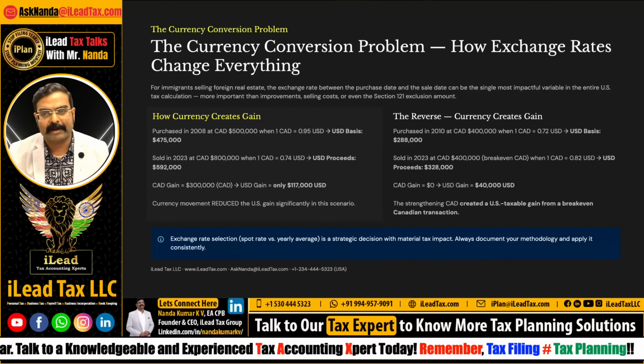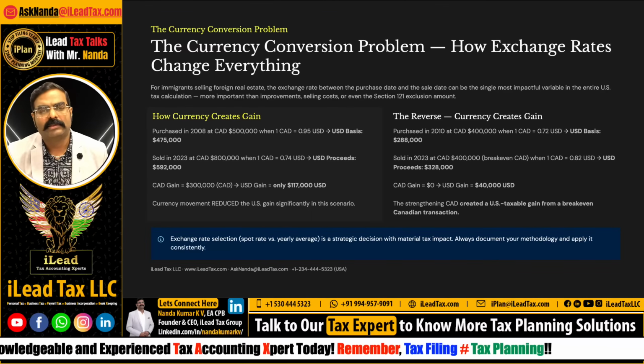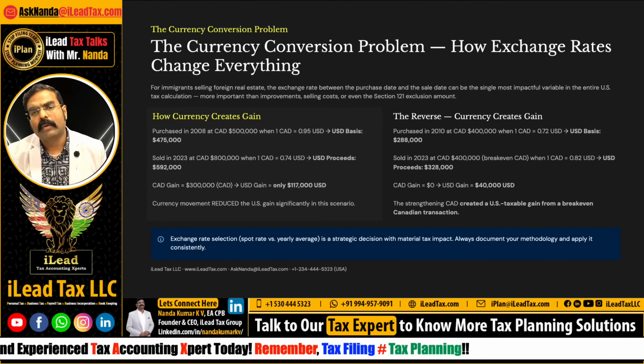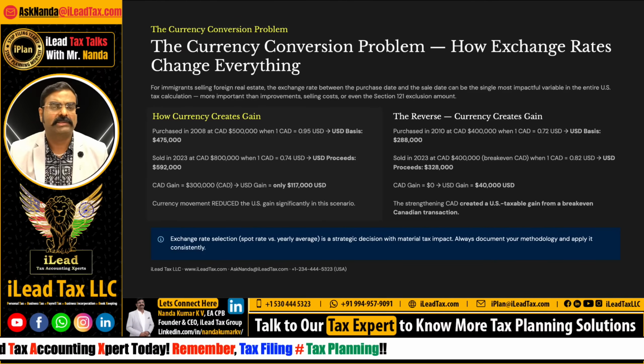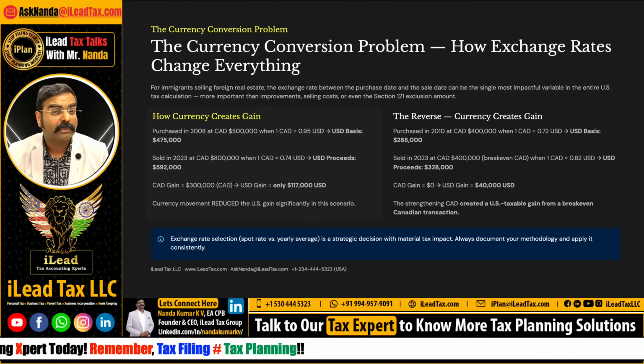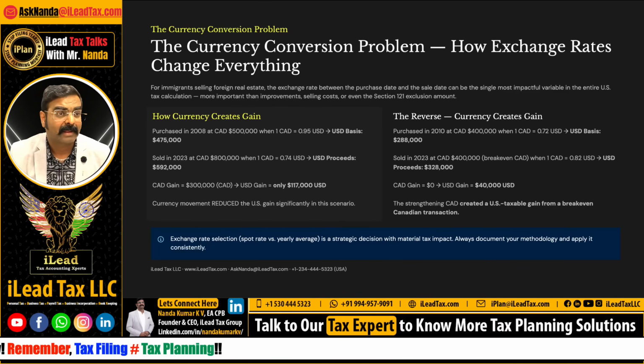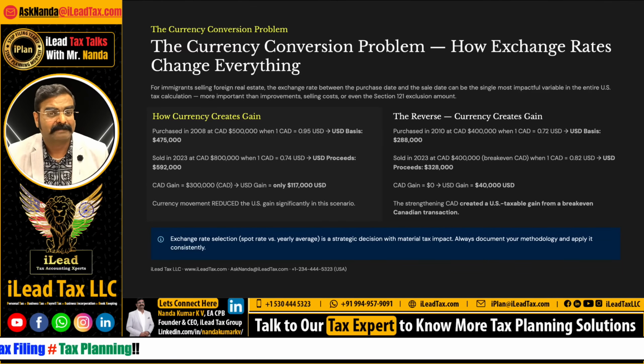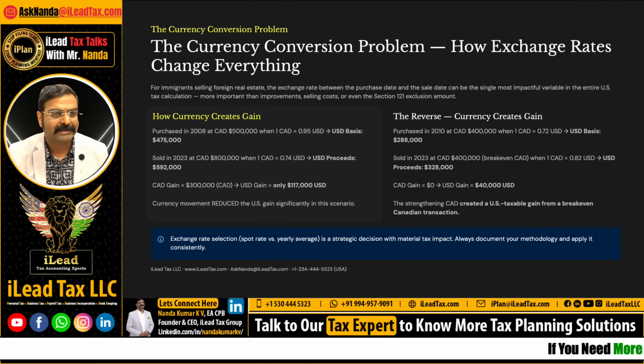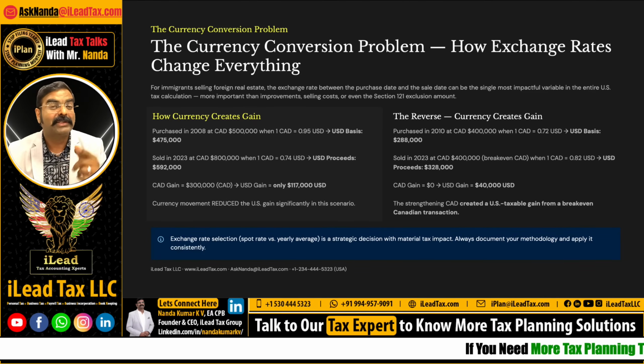So break even in Canada, zero gain in Canada, zero Canadian tax. But now 1 Canadian dollar is equal to 0.82 USD. Your USD proceeds are $328,000. Your US capital gain is $40,000 on a transaction where you made zero profit in Canada.